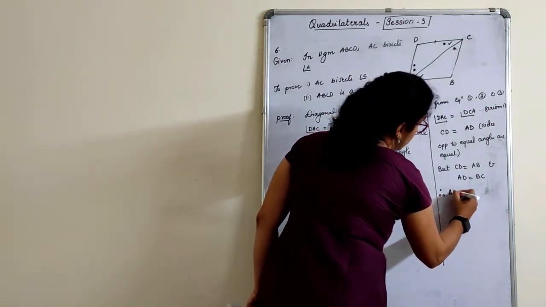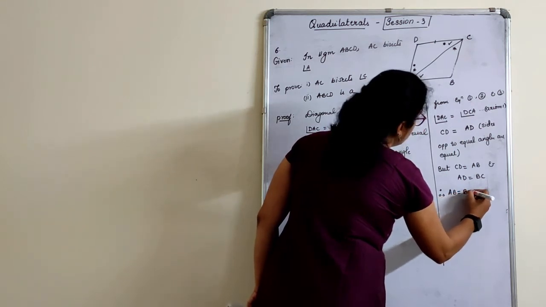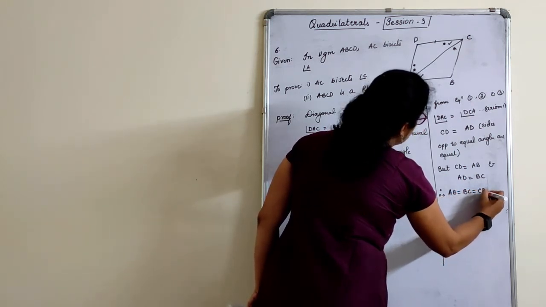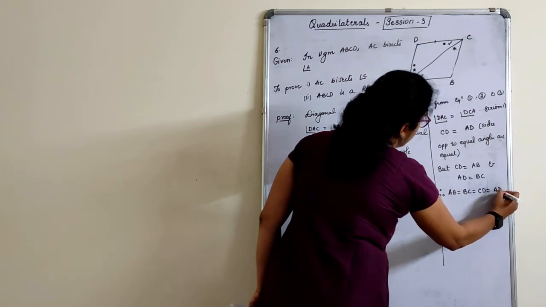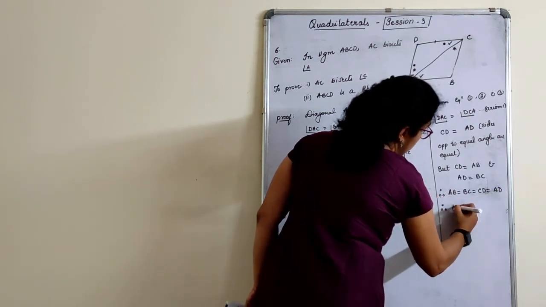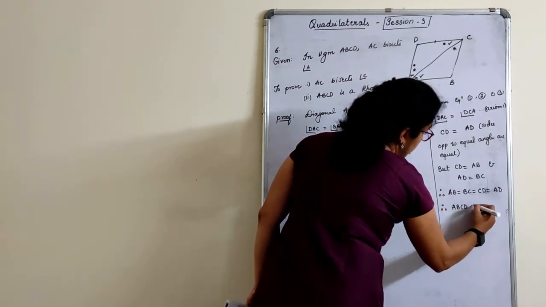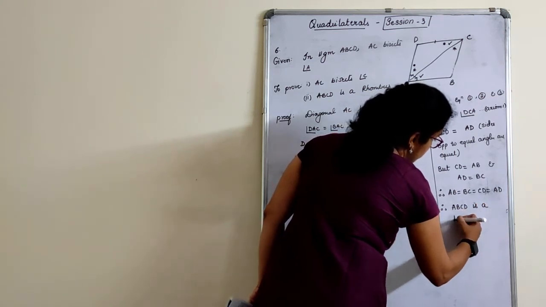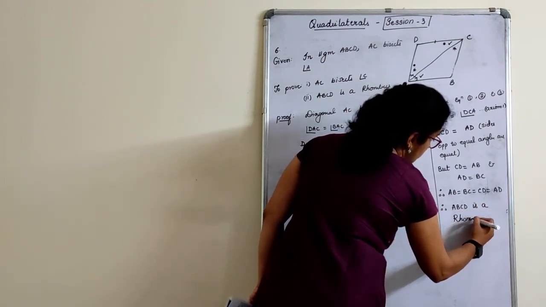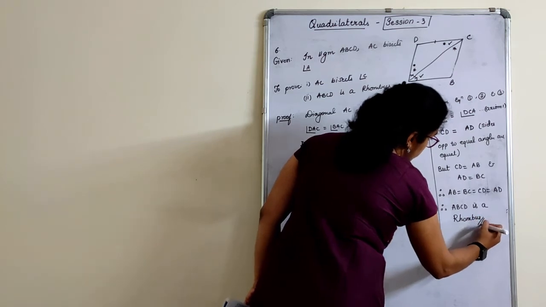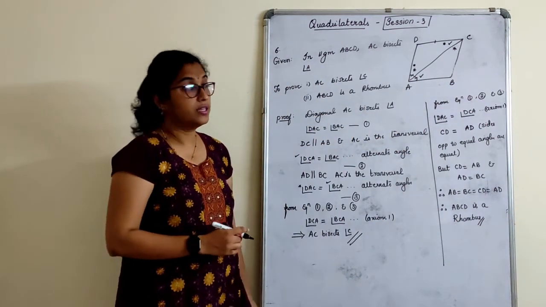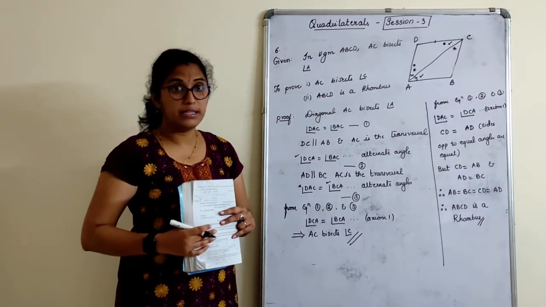Therefore, AB is equal to BC is equal to CD is equal to AD. Therefore, ABCD is a rhombus. Hence, proved. So, we proved that the parallelogram is a rhombus.